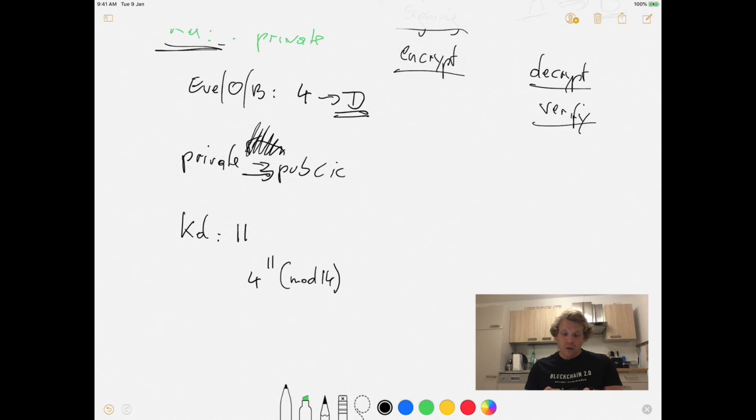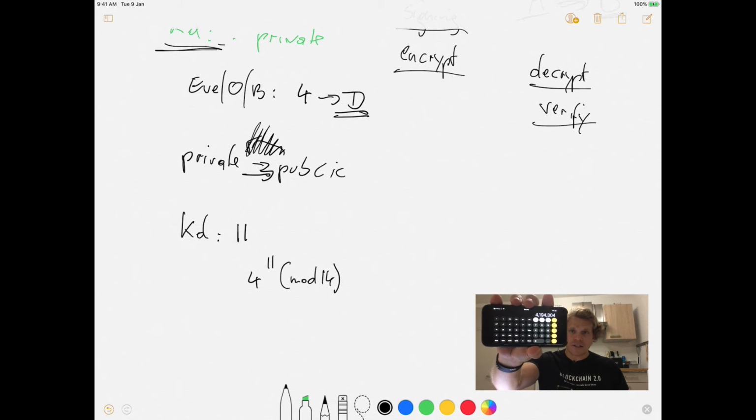So I'm going 4 to the power of 11, and that is quite a large number. You can see it: 4,194,304. You can try this out yourself. So how do you get from here to mod 14? What you do is you divide it by 14, and you get a number, and you take the remainder of that.